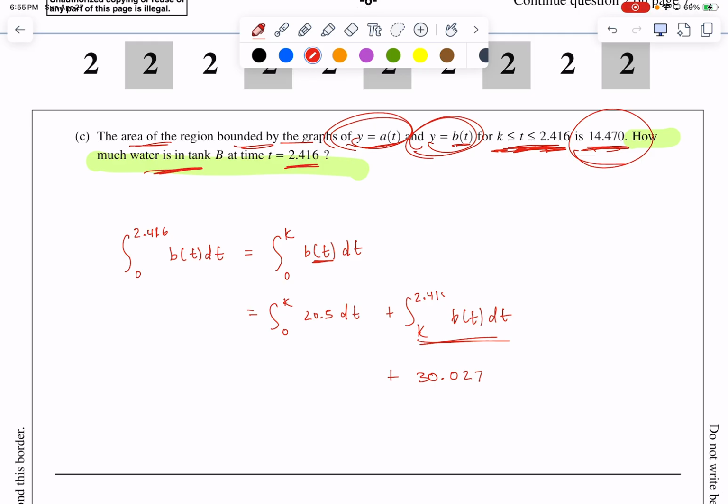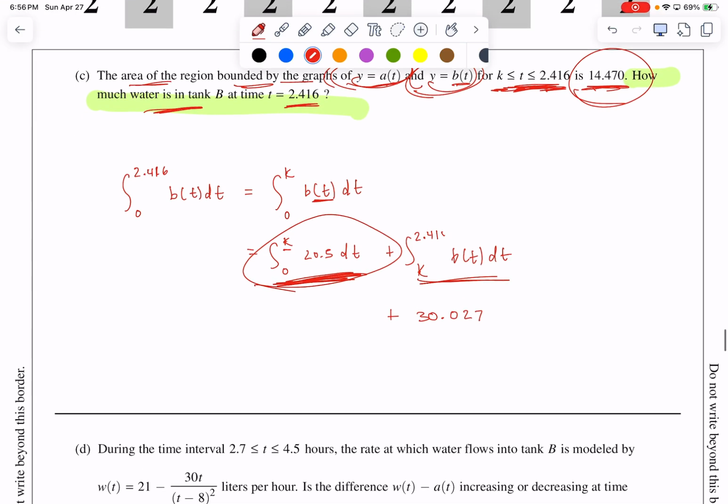And then you're going to add it to the integral from 0 to 0.892040 under 20.5 dt. So you're going to add it to this integral here, and you'll get your answer. Tell me what that ends up being. There was a lot of explaining on this one. I believe it ends up being 48.313.